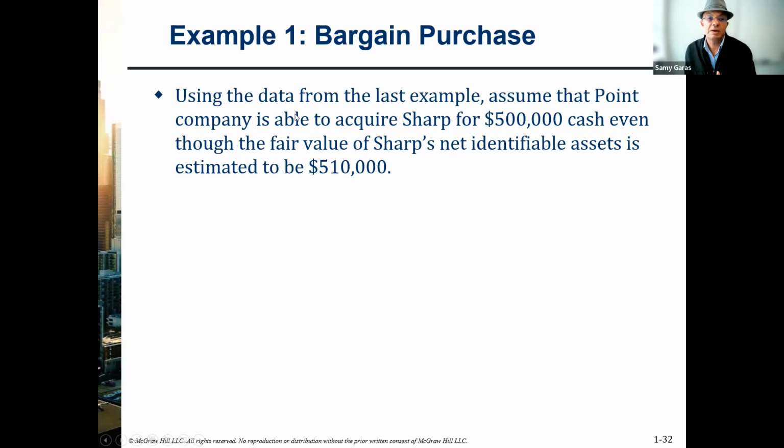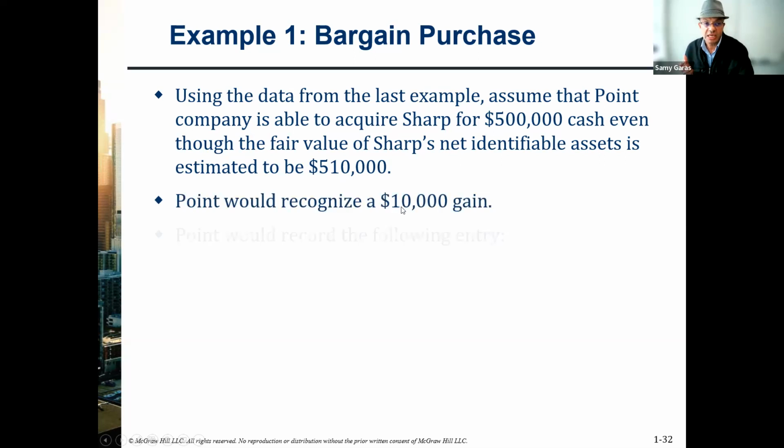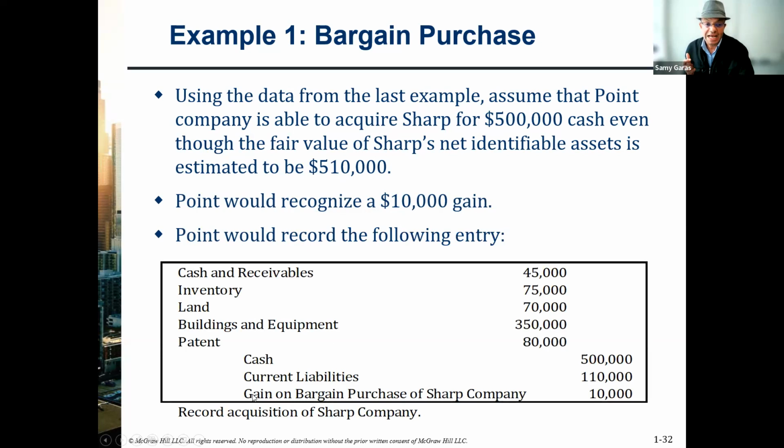So here Point Company is able to acquire Sharp for 500 cash, even though the fair market value of the net identifiable assets was 510. So we paid less than the fair market value. So here we recognize a 10,000 gain, but we record it as gain on bargain purchase of Sharp Company. It's not part of the normal revenue account, but we put it in a separate account, gain on bargain purchase.